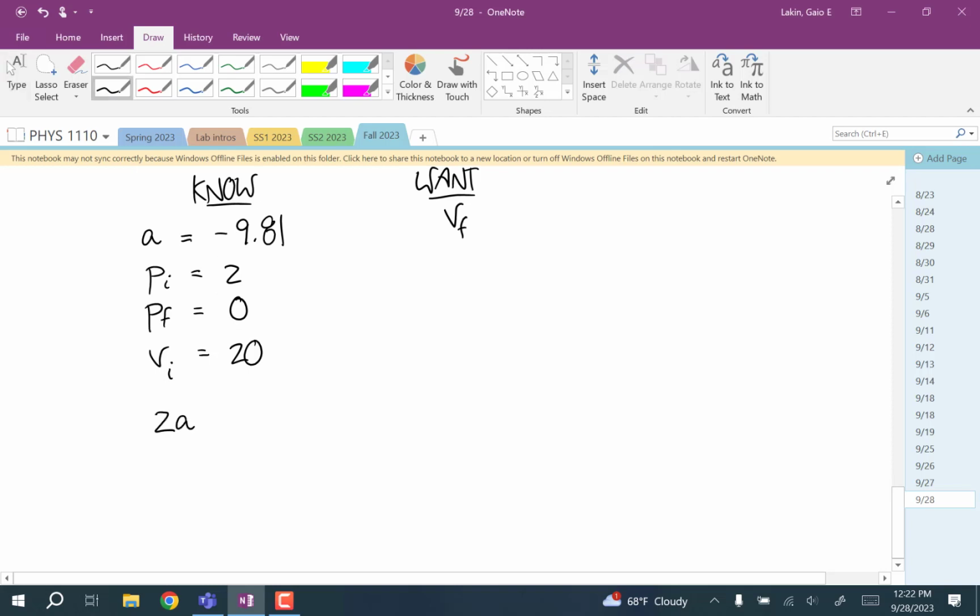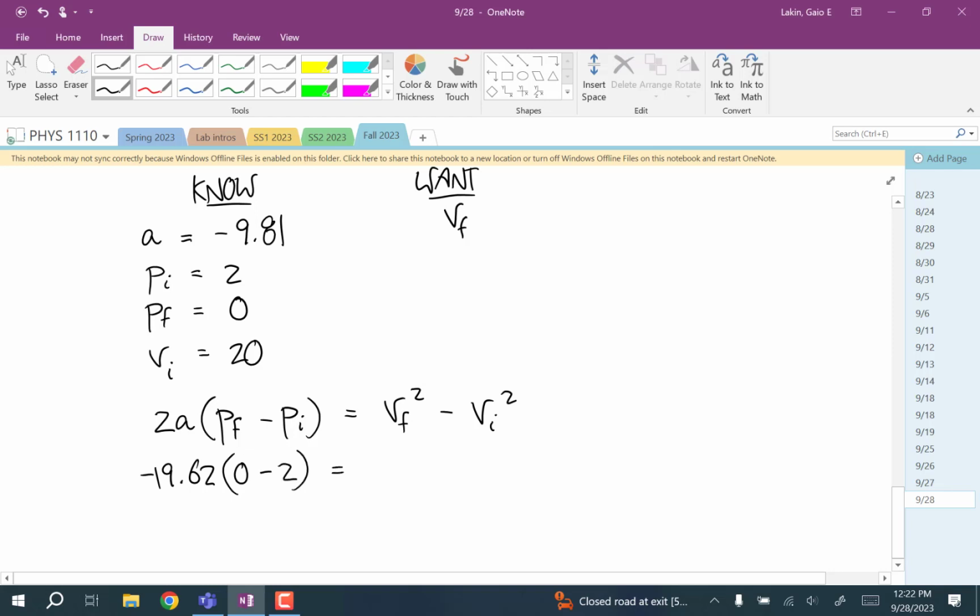And you can use the same equation again, 2A times the quantity PF minus PI is equal to VF squared minus VI squared. So negative 19.62 times the quantity 0 minus 2 is equal to VF squared minus 20 squared.